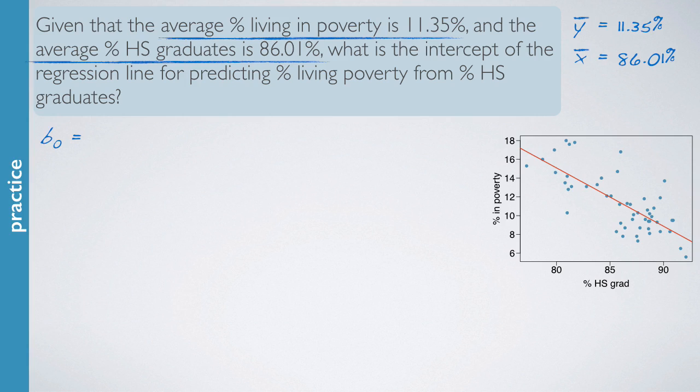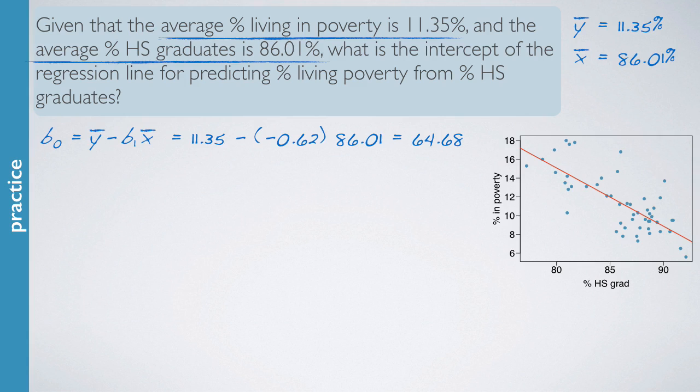And we also know that we can calculate the intercept as simply the average value of the response variable minus the slope times the average value of the explanatory variable. And we calculated the slope in the previous step as negative 0.62 as well. So we have all the building blocks. We just need to plug them into the equation, and the intercept comes out to be 64.68%.